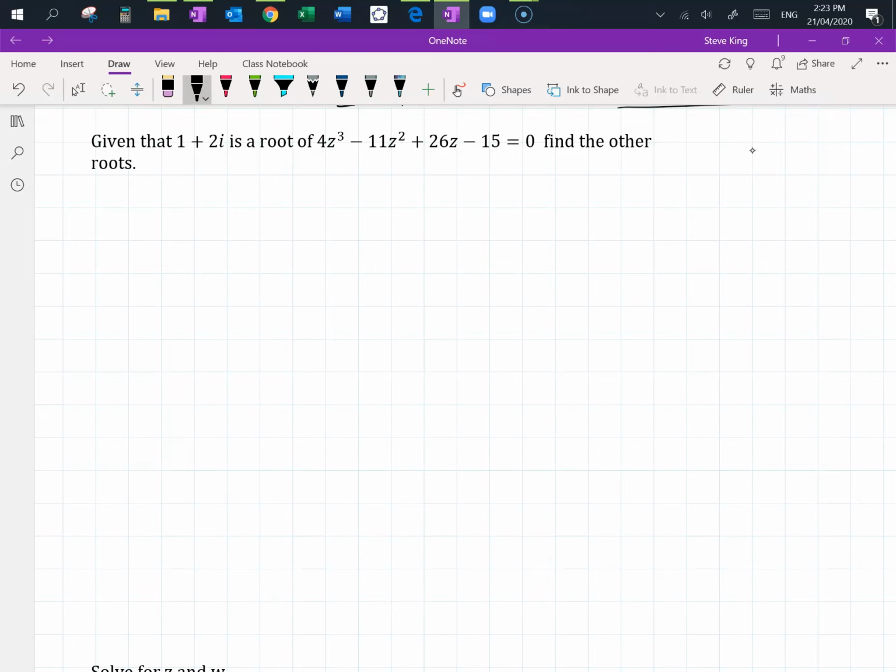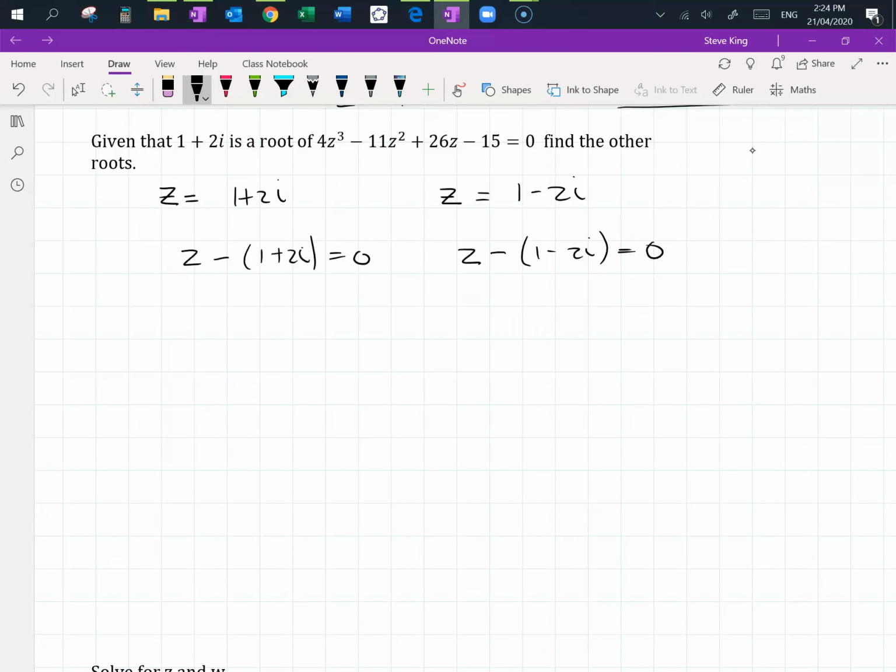So I know that z is equal to 1 plus 2i, which means I've got another solution that says z is equal to 1 minus 2i, because those are a conjugate pair. So I can take these back a step and say z minus (1 plus 2i) equals 0, and z minus (1 minus 2i) equals 0.